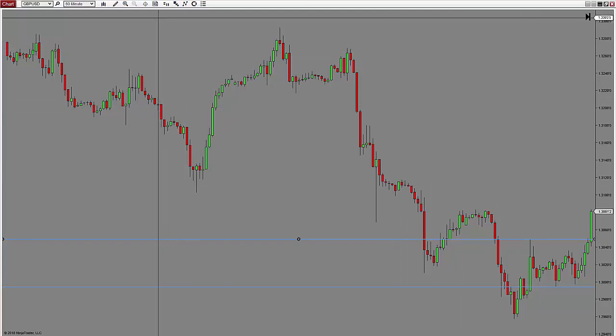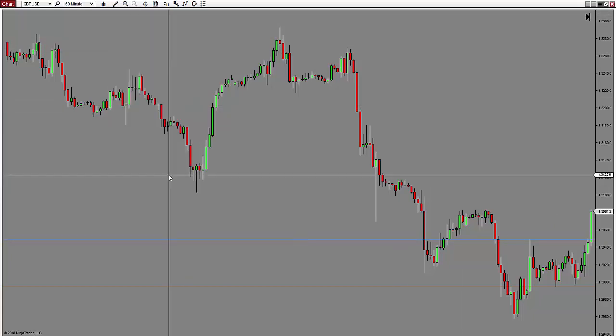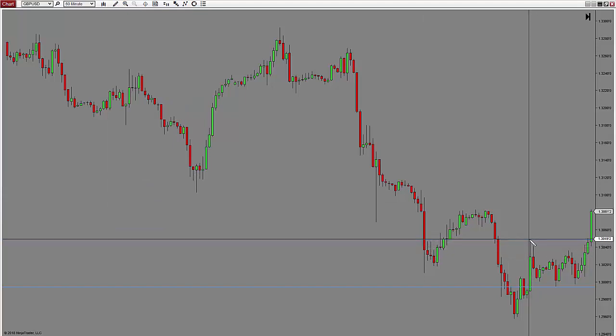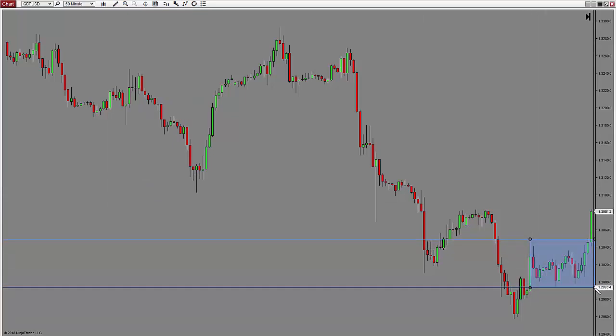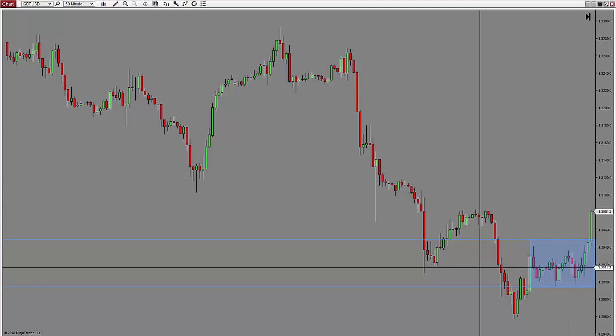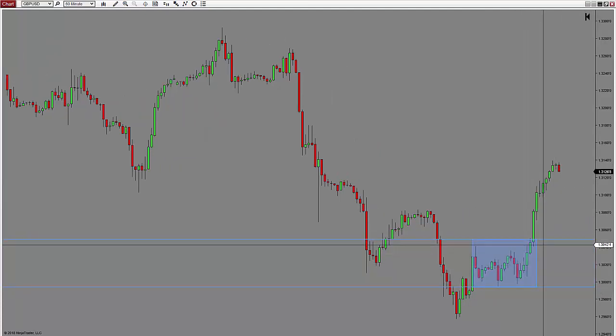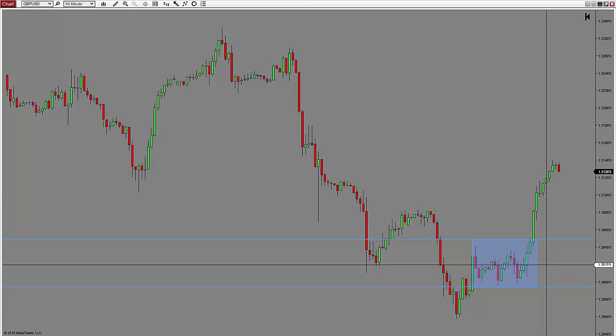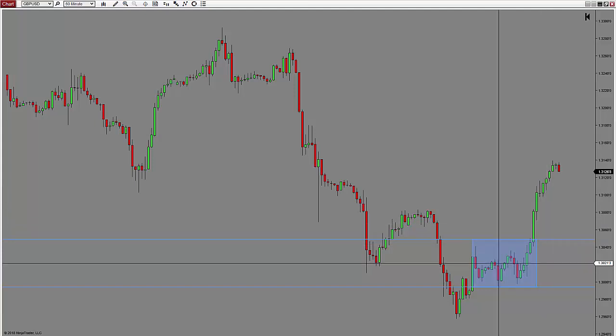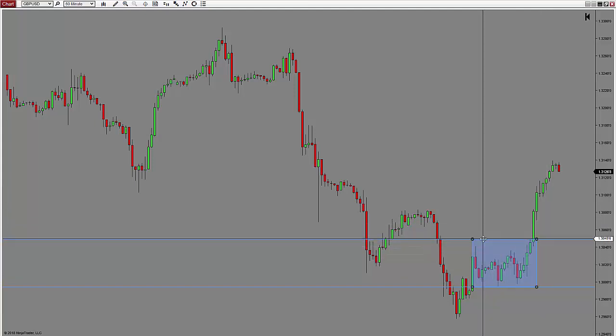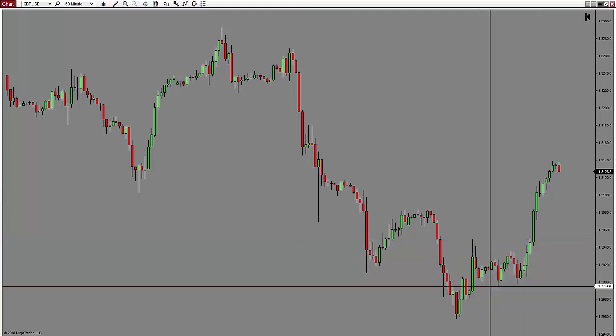So at this point, I have what I would consider a buy zone right here. Now, price hasn't come back into it, but if it did, I could look for a potential trade. Does that make sense?